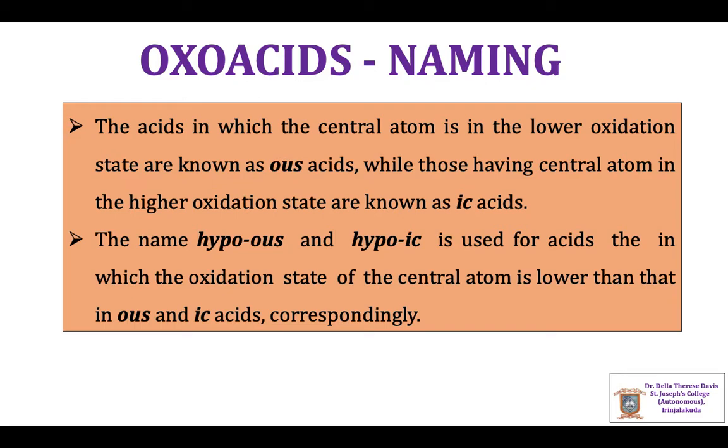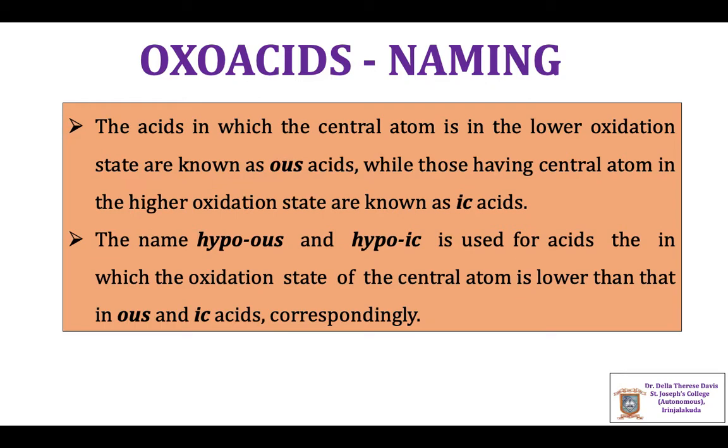We will say nitrous acid, nitric acid, etc. The name of the acid will end with OUS or IC. The acids in which the central atom is in lower oxidation state are known as OUS acids, while those having the central atom with higher oxidation state will have the suffix IC.